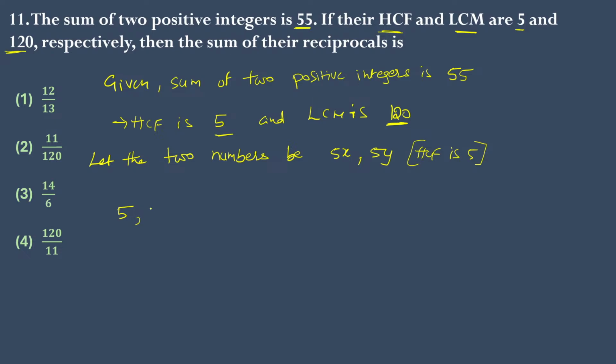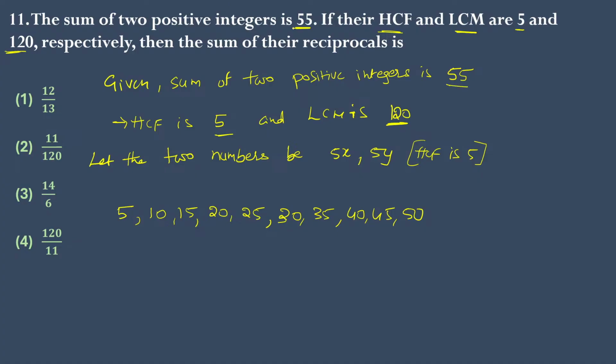So 5, 10, 15, 20, 25, 30, 35, 40, 45, 50. The numbers are among these. What is given?